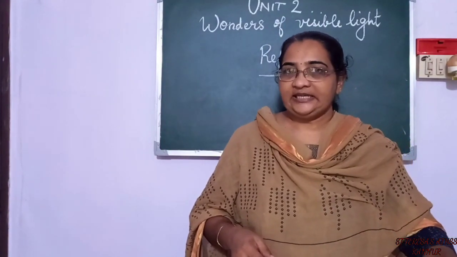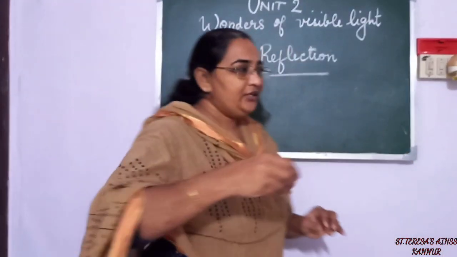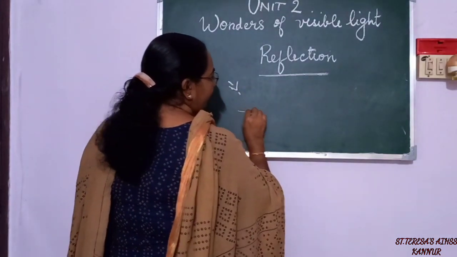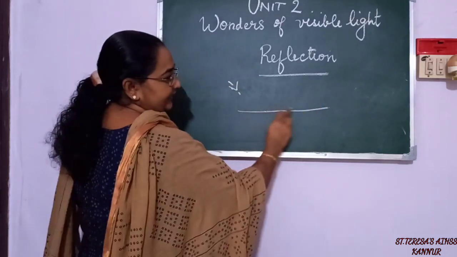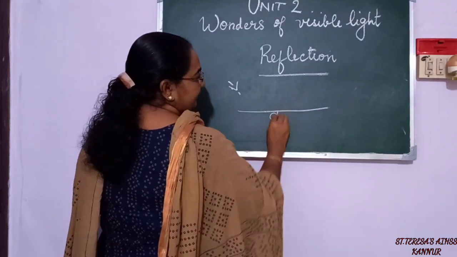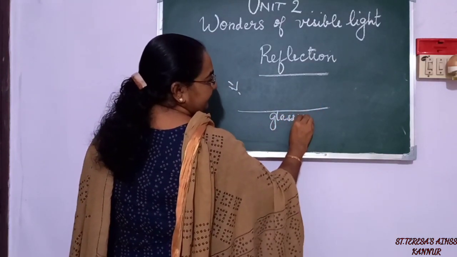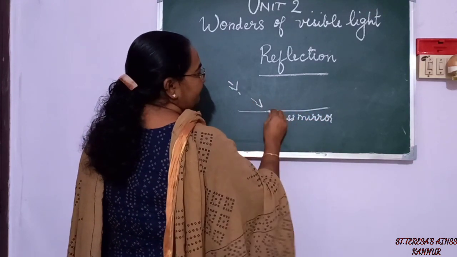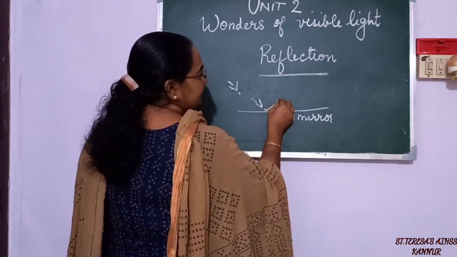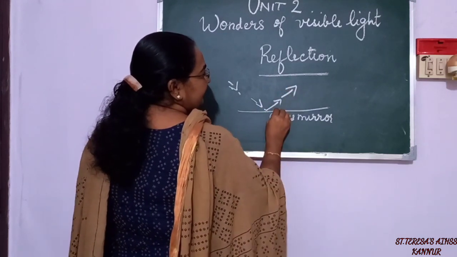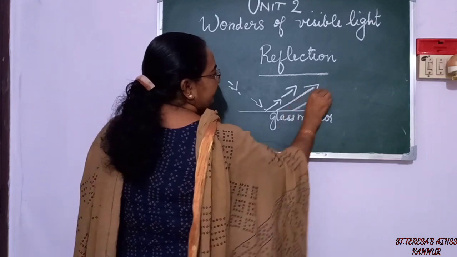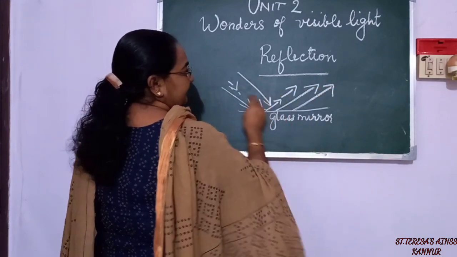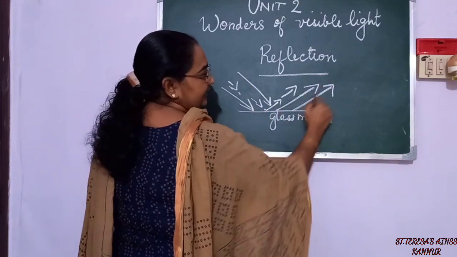So, when a torch light falls on a smooth surface like a glass mirror, it reflects regularly.